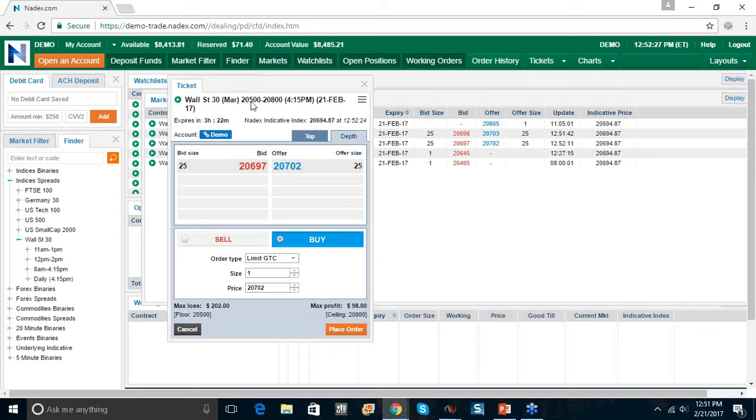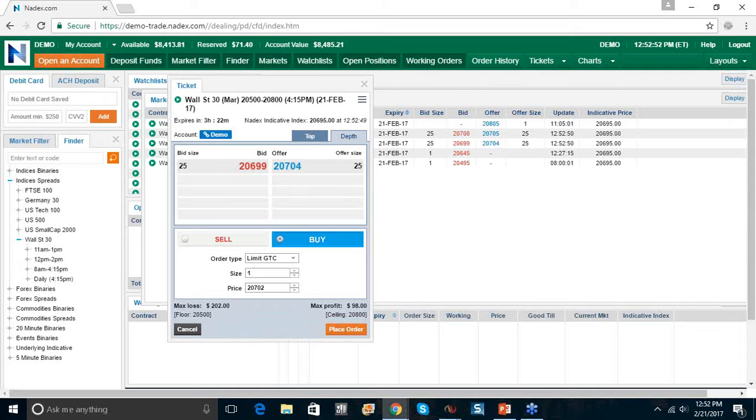What I want to talk about here is very elementary, but for you binary traders, when you go to enter a ticket, you see this max loss number and it messes with your emotions. This is what keeps a lot of people away from spreads. Now again, I'm showing you a larger example here. Like I said, I showed you plenty of shorter-term spreads where you can put up a lot less money.